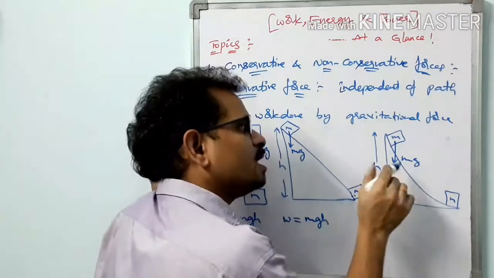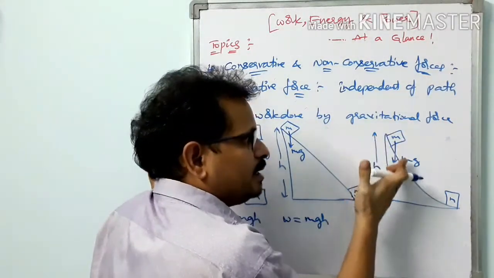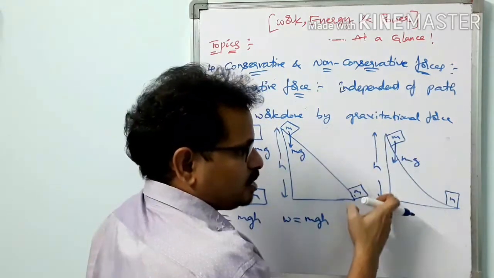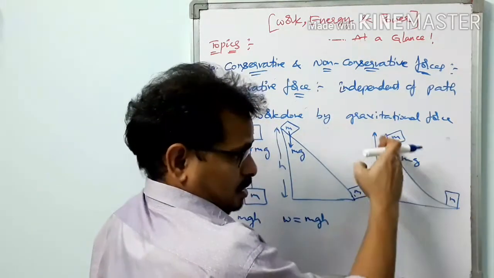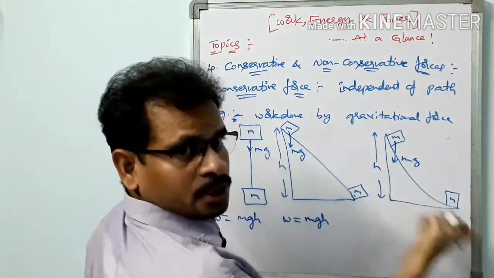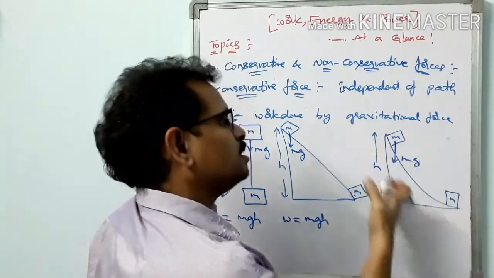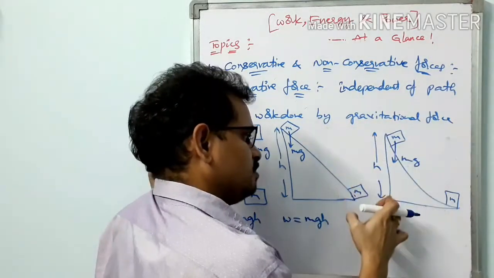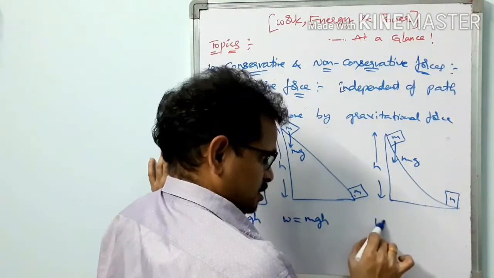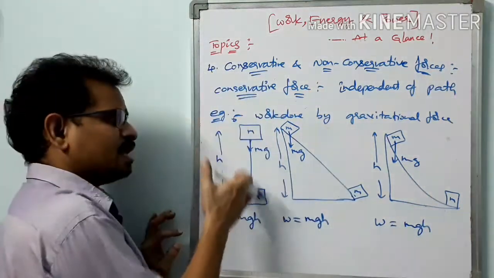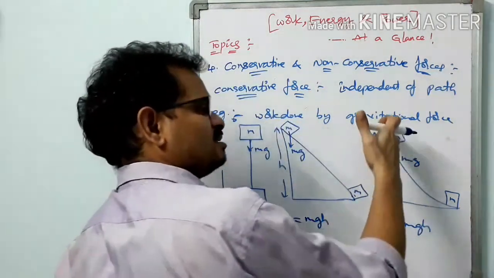Here also mg is acting downwards, and the body is moving on a curved path, but its displacement can be resolved into a vertical component and another one. In the vertical direction the displacement is h and the force is mg, so here also it is mgh. This is a vertical path, this is a slant path, this is a curved path.